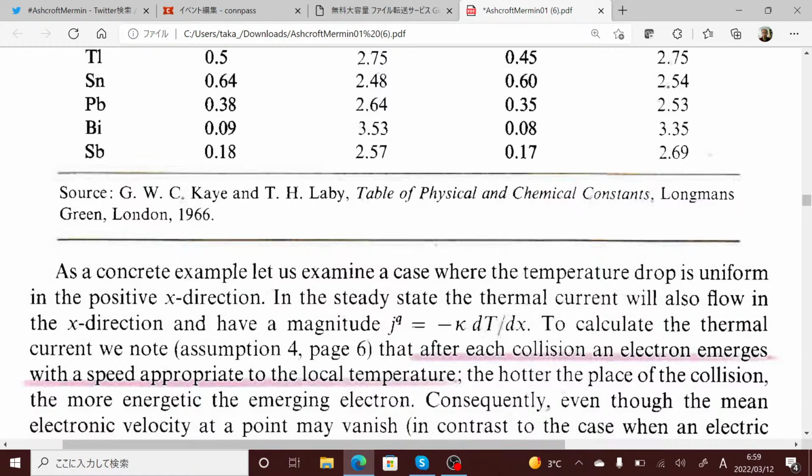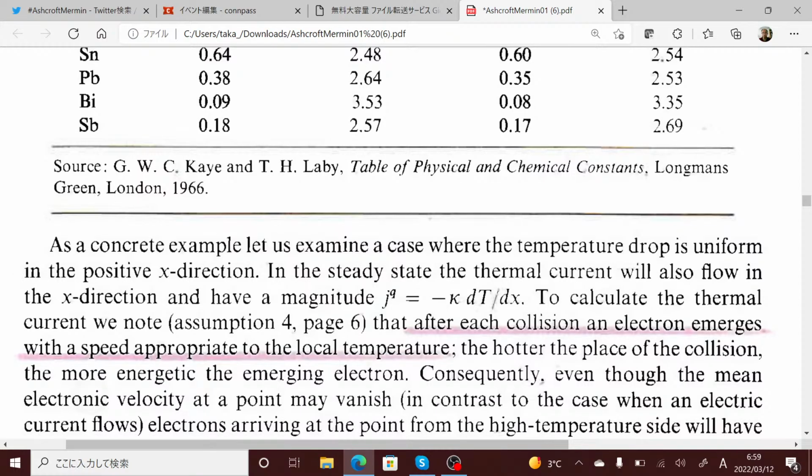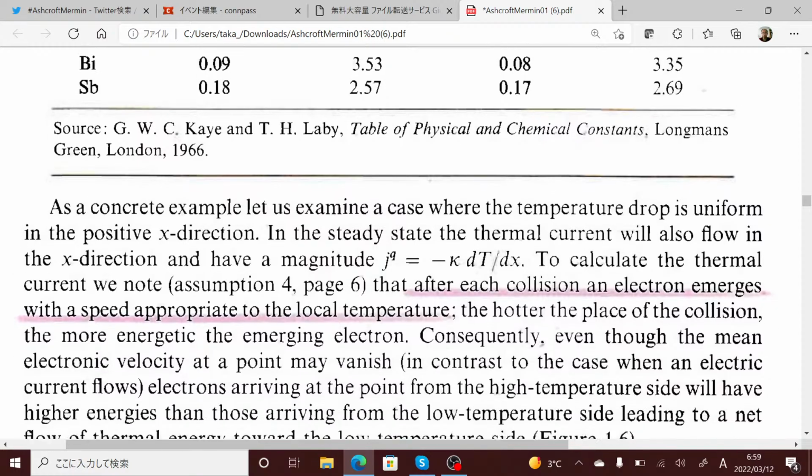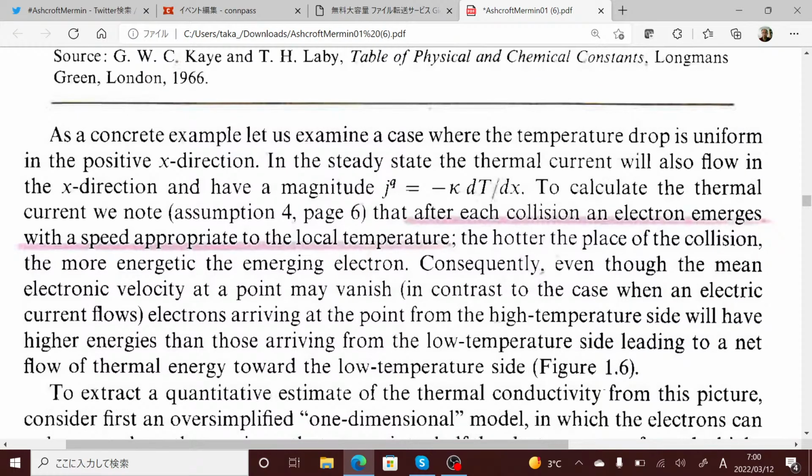As a concrete example, let us examine a case where the temperature drop is uniform in the positive x direction. In the steady state, thermal current will also flow in the x direction and have a magnitude j_Q equals minus kappa dT/dx.